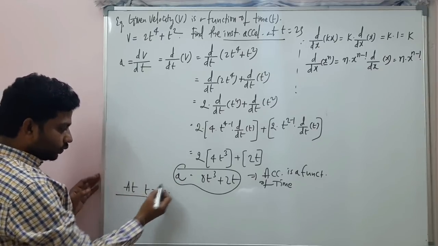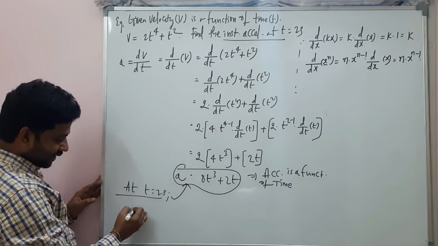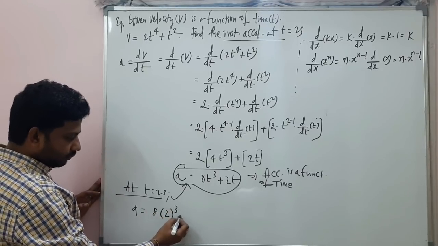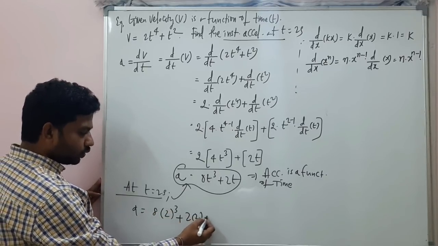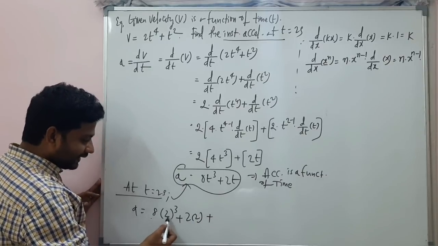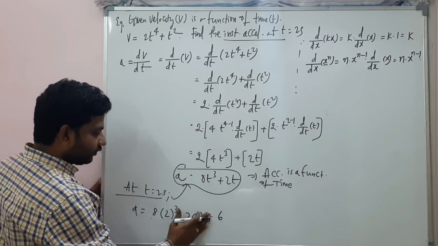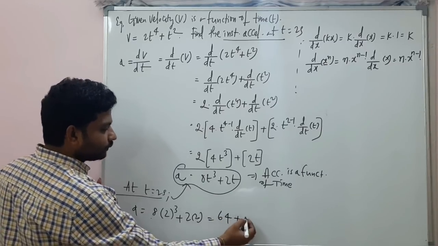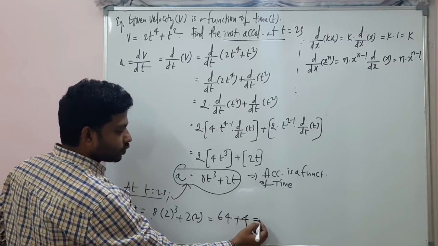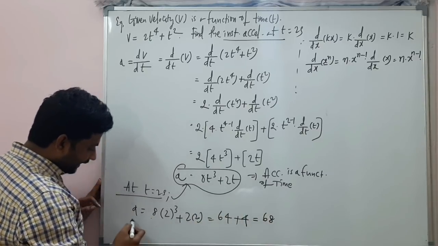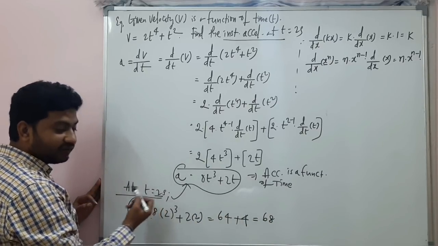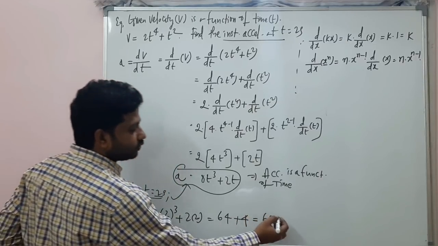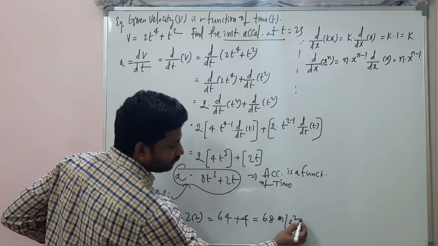At t is equal to 2 seconds, you substitute this here. Acceleration is equal to 8 into 2 cube plus 2 into 2. So this is 8 into 8, 64. Sorry, 64 plus 2 into 2, it is 4. So this is 68. Acceleration, and the time is given in seconds, so definitely you need to mention the SI unit of acceleration, which is meter per second square.